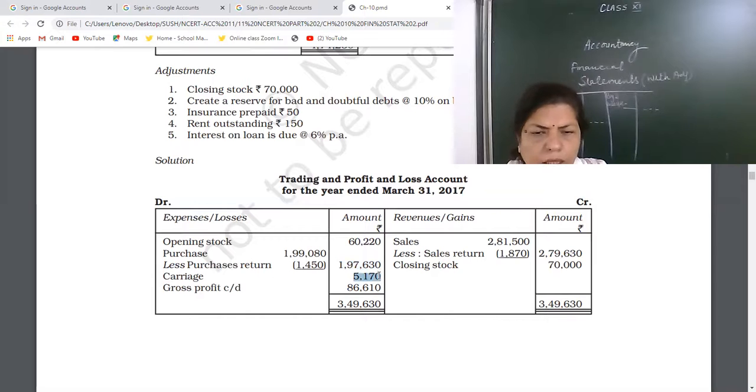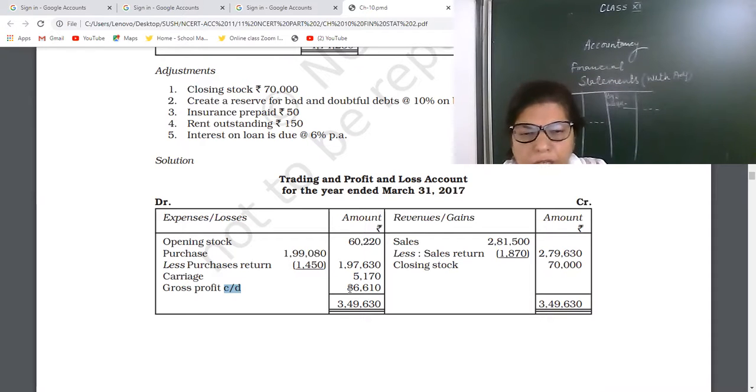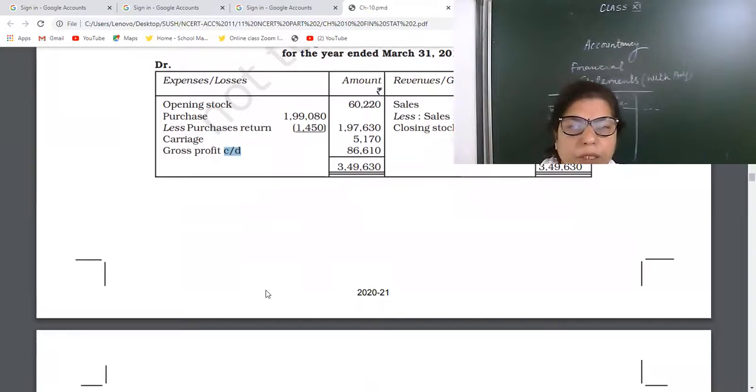So when we subtract the total of debit side from the total of credit side, we can find out the amount of gross profit, that is 86,610. This is c/d. C/d means carried down to profit and loss account. So in the bracket, you can write transfer to P&L account.